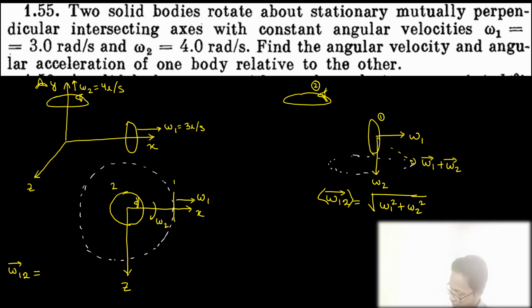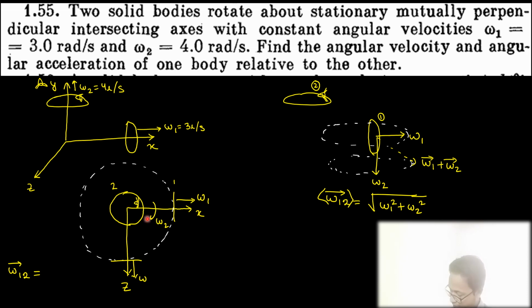Why? Because the direction of omega 1 will keep on changing in this circular orbit according to the observer. The direction of omega 1 would keep on changing radially outward in this circular orbit. Understood?